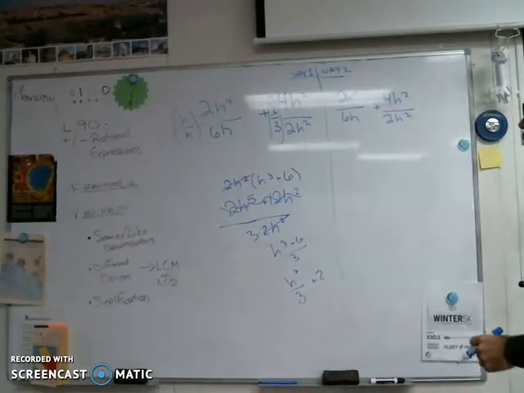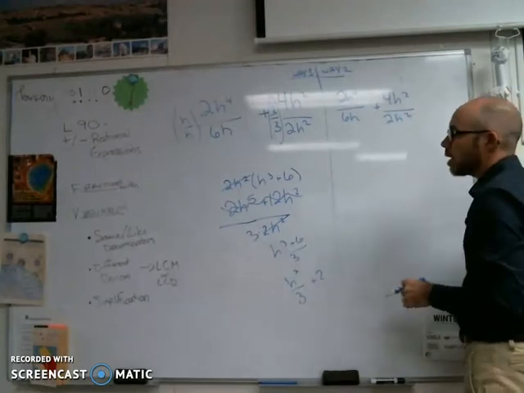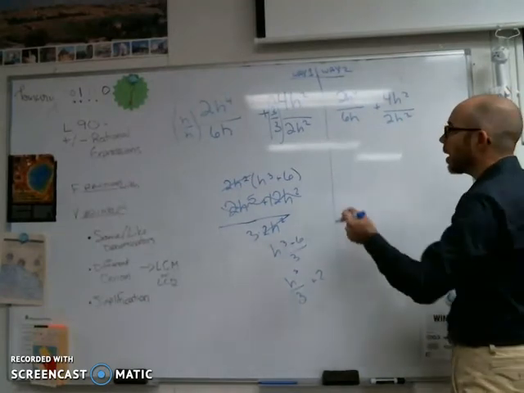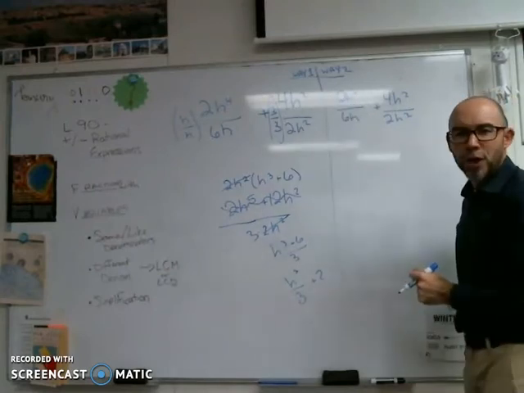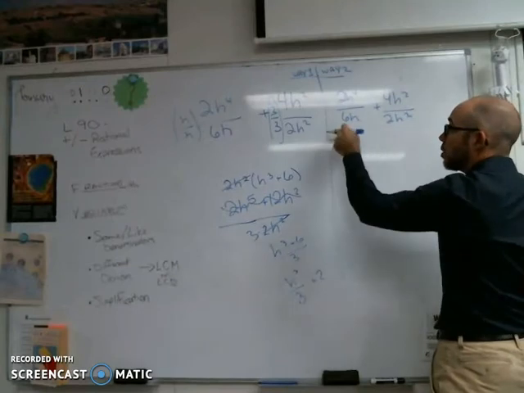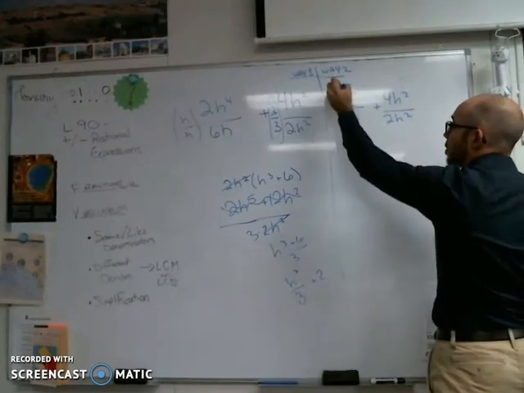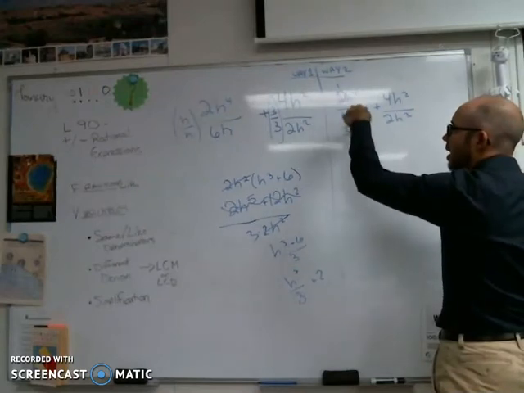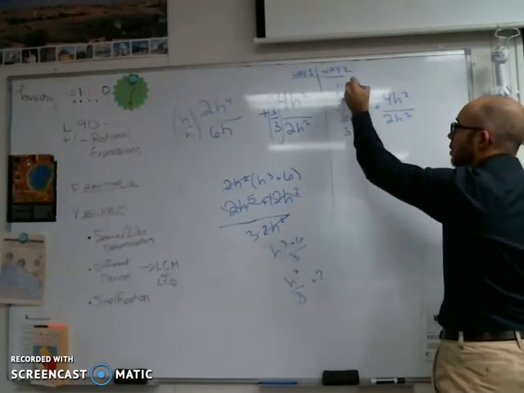Yeah. What you might have thought to do here, and you look at it and you're like, man, it's a lot of messing up and then have to clean it back up, is we could have simplified first, right? You got h to the 4th over h, and you got a 2 over 6. So that can reduce down to 1/3, and this can reduce by taking out an h.